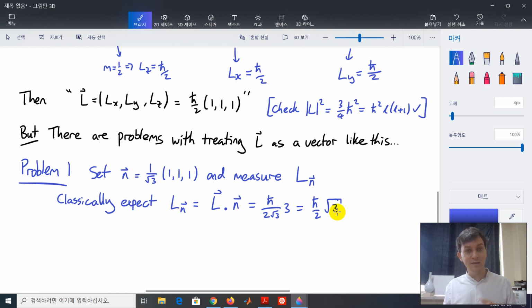In fact, what you get is that the angular momentum in this direction n is quantized in exactly the same way as it is in the x, y, and z directions.